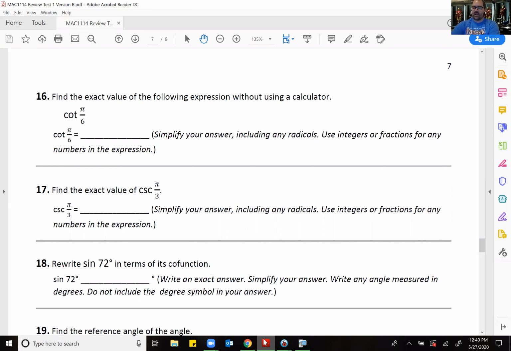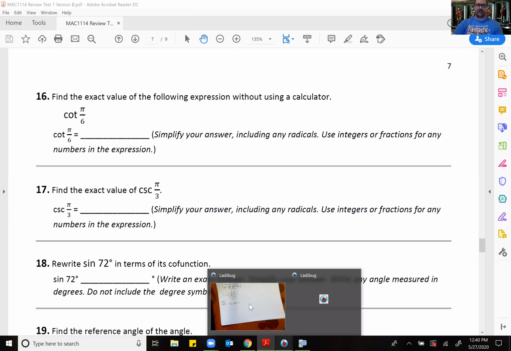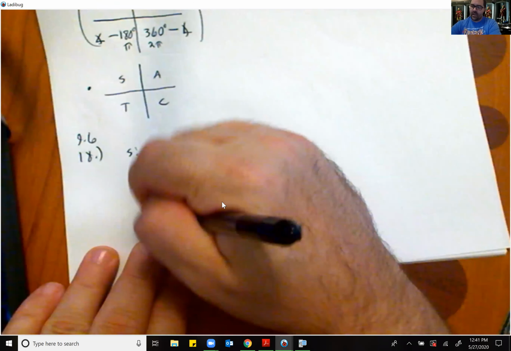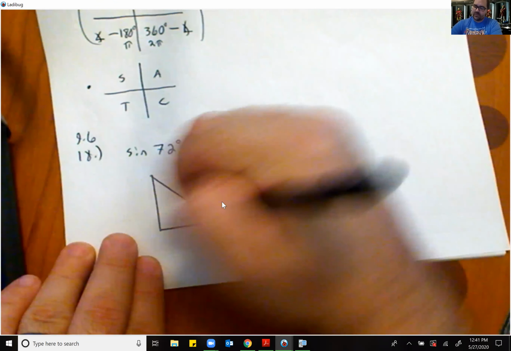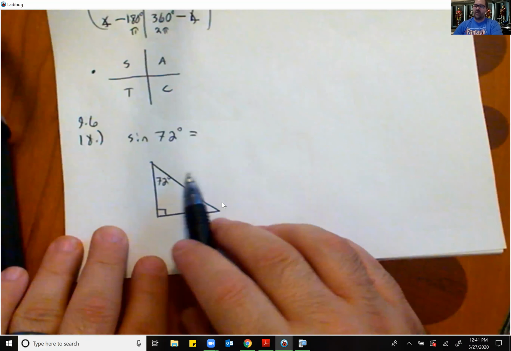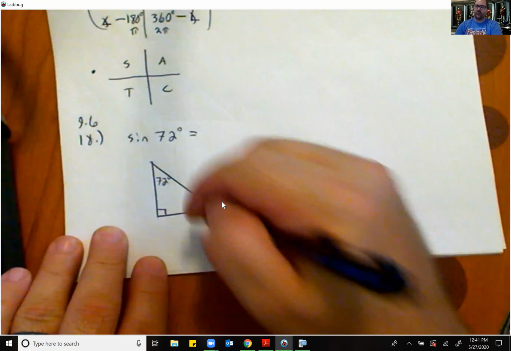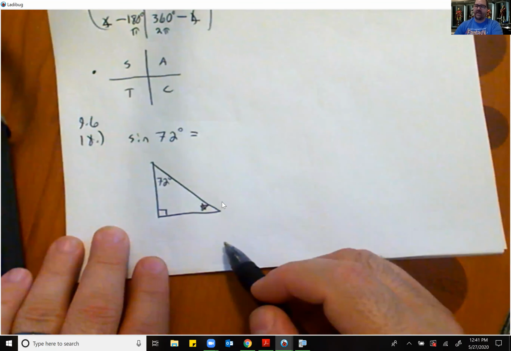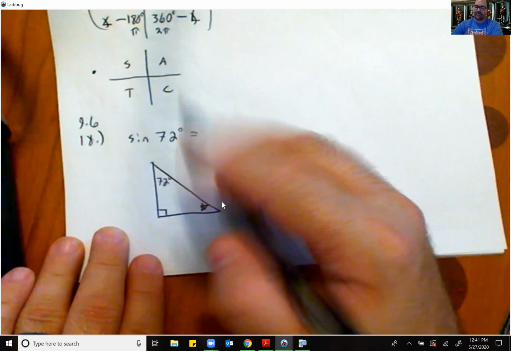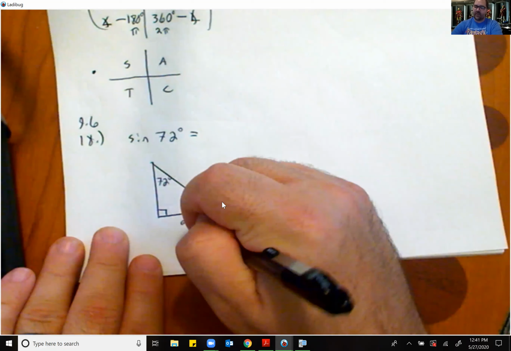Well, what it means by cofunction is that if I'm looking at a right triangle, and this is 72 degrees, they want to know if I went from the angle over here, who would be the same as sine 72? Remember, sine is made up of the opposite and the hypotenuse.